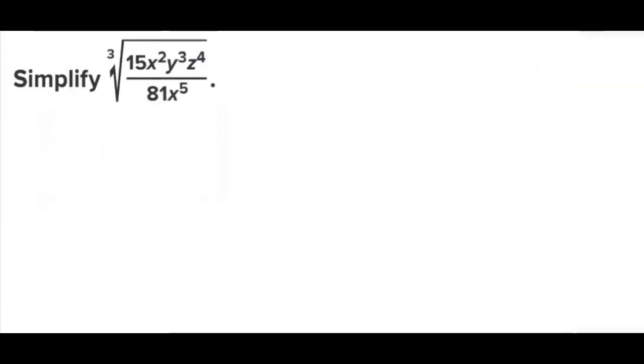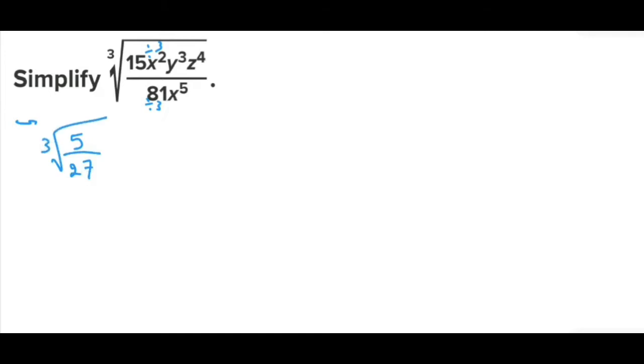One more example. This radical is 15x squared y cubed z power 4 over 81x power 5, all under the cubic root. So first of all, we have to simplify the fraction. We're going to divide the 15 by 3 and also the 81 by 3. So this will be 5 over 27 under the cubic root.